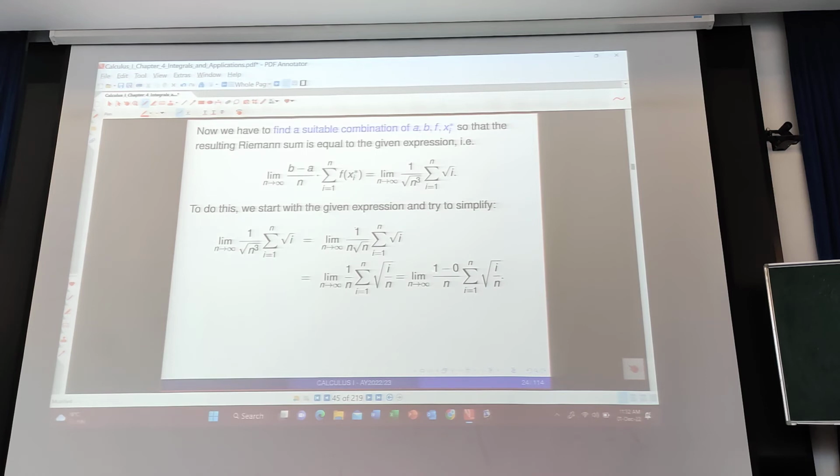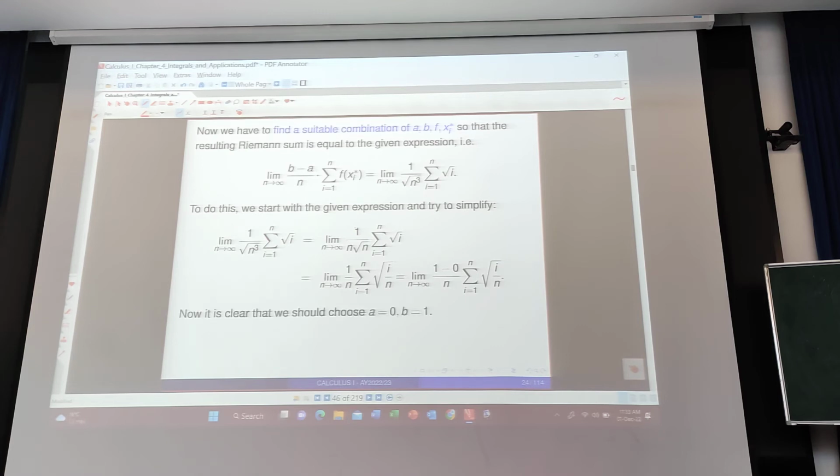b is 1, a is 0, and sum square ta biết ngay hàm f này phải là căn x. Thế nó mới ra căn. Còn cái x star này chính là i trên n. Nếu ta chia đoạn 0 đến 1 ra thành n phần bằng nhau và nó là cái điểm bên phải, right end point.